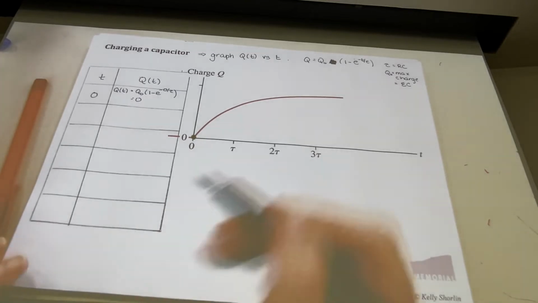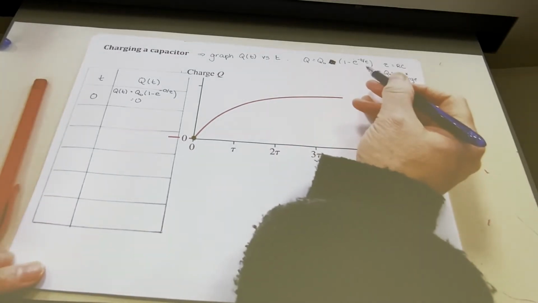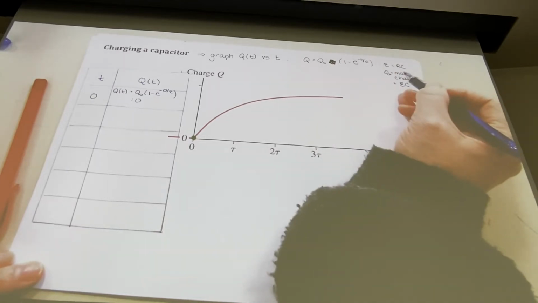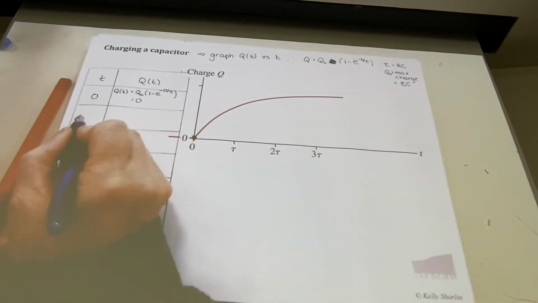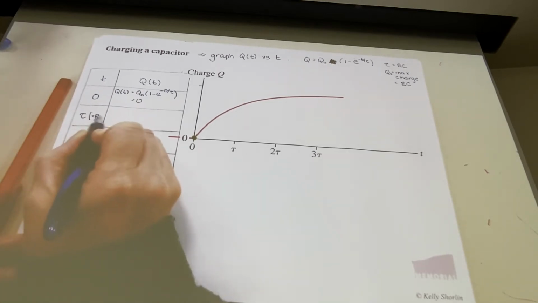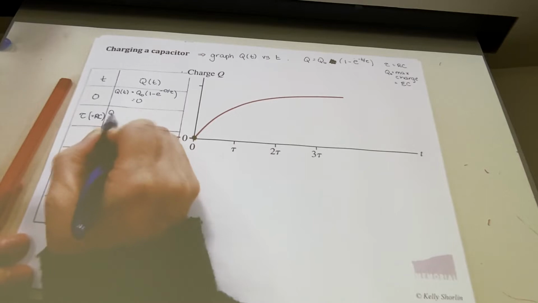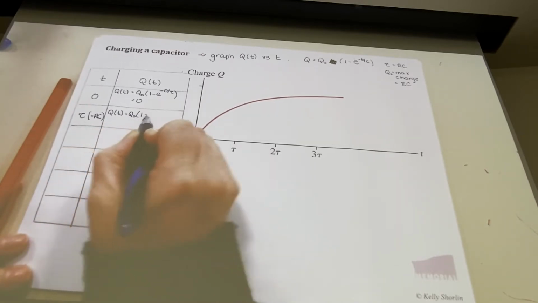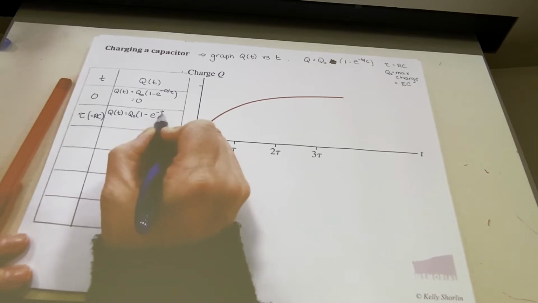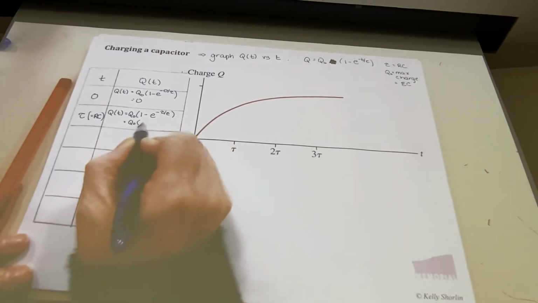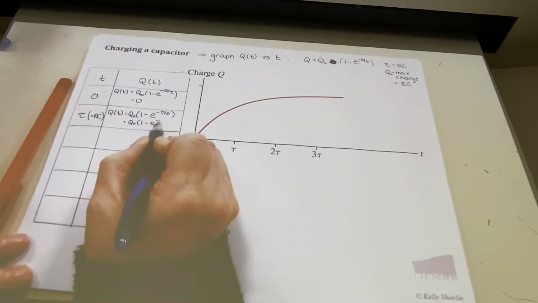For our next point, instead of putting in a number for t, I'm going to say what happens when t is equal to 1 time constant. So 1 times R times C. So t equals tau, which is equal to R times C. In this case, our charge at that time is Q0 times 1 minus e to the minus tau over tau. So Q0 times 1 minus e to the minus 1.